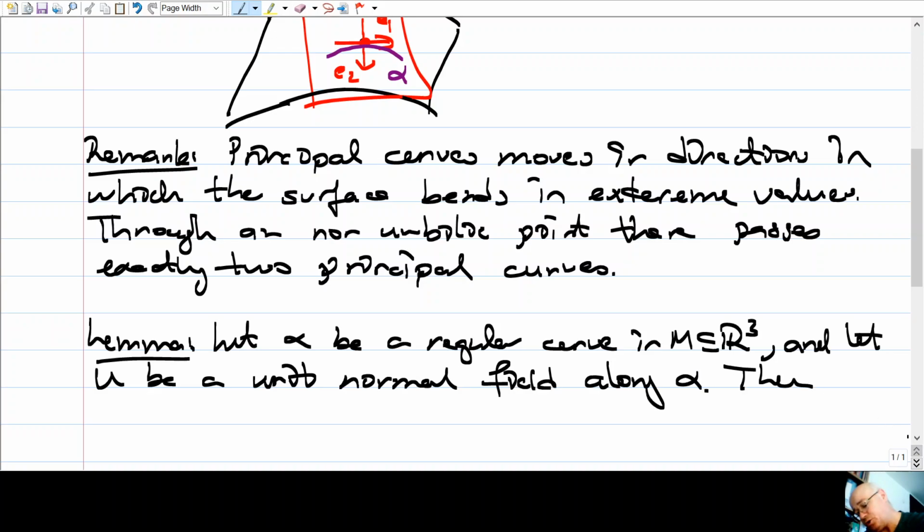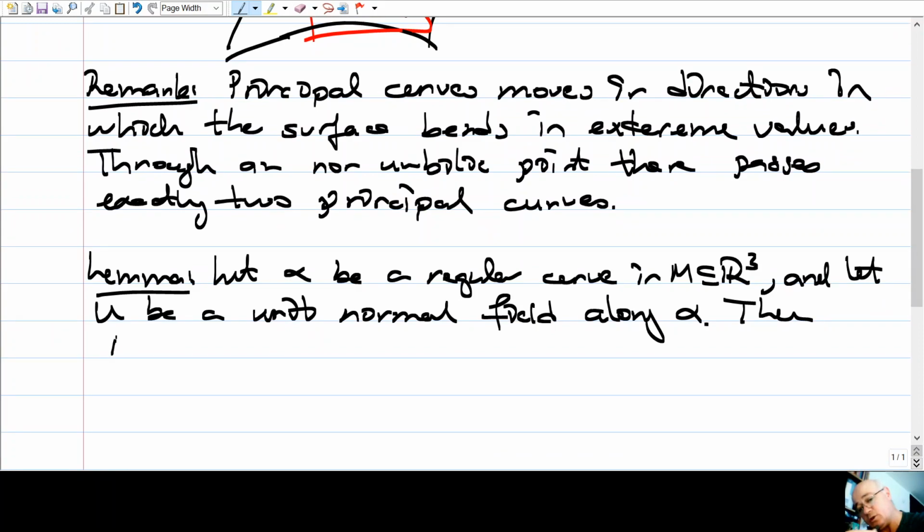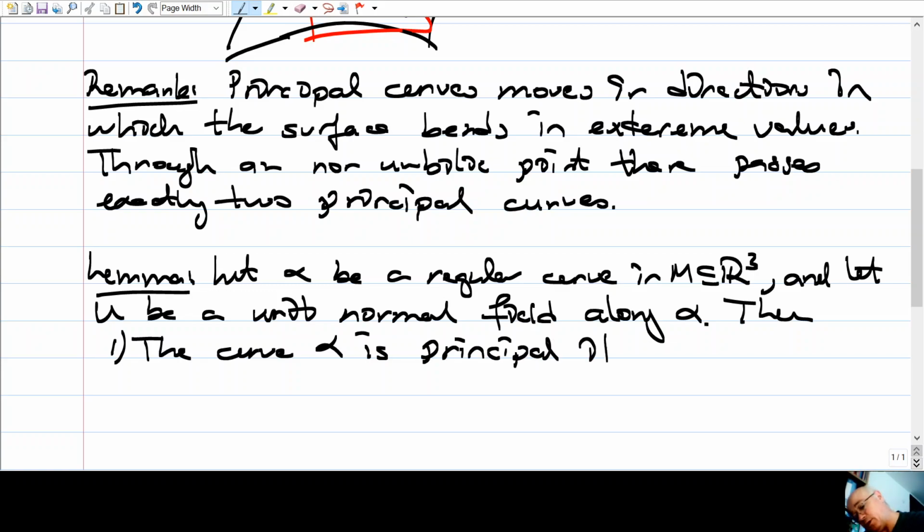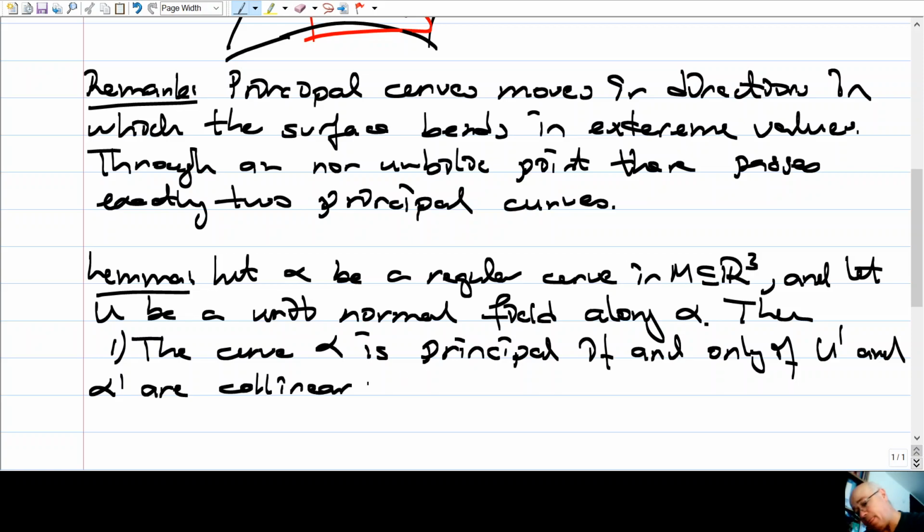Then there are two conclusions. The first one is the curve alpha is principal if and only if U prime and alpha prime are collinear at each point.